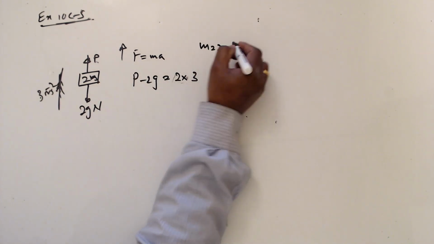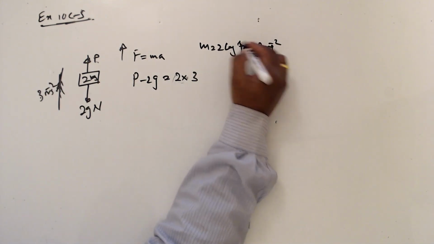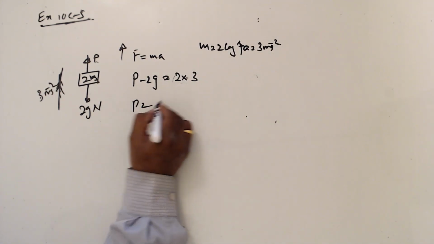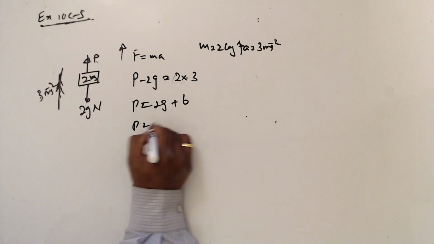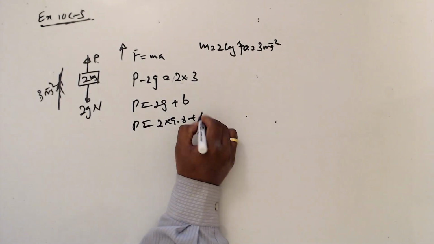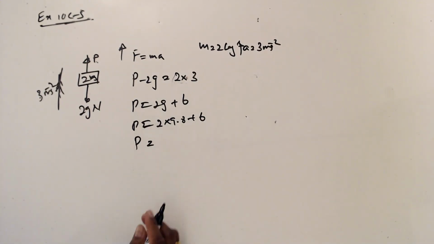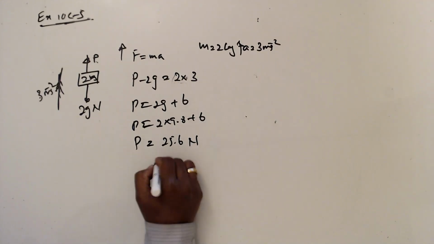So m equal 2 kg, a equal 3 m/s^2 in this direction. So P equal 2g plus 6. So 2g means 9.8 plus 6. So this is going to be 25.6 Newton upward.